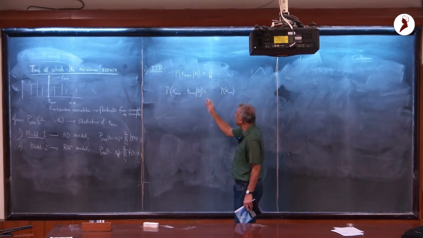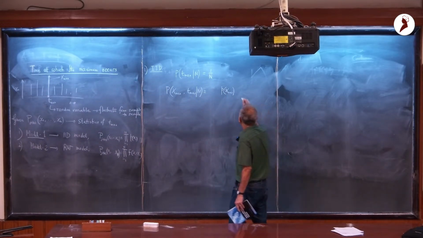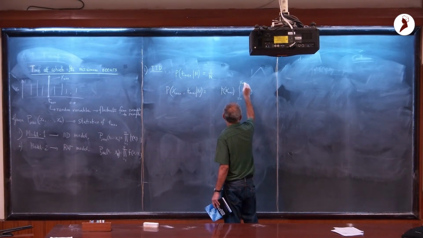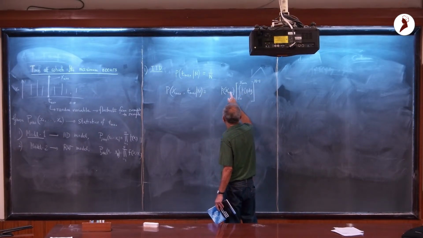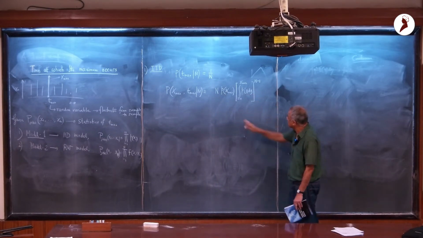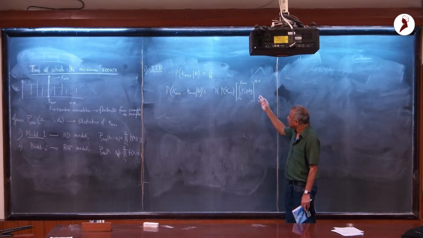Then it has to take the value x max, so this has to be P of x max. And then all the other variables have to be less than x max, and there are n minus 1 of them. But the one that is the maximum can be any one of them, so there's a factor n here. You take the cumulative distribution and take a derivative with respect to x max, and that gives you this answer. And notice that here the T max doesn't appear explicitly.